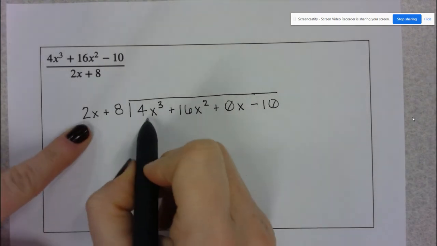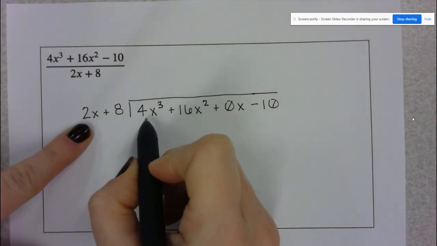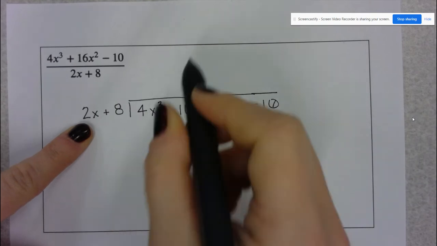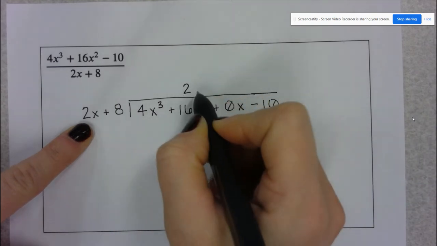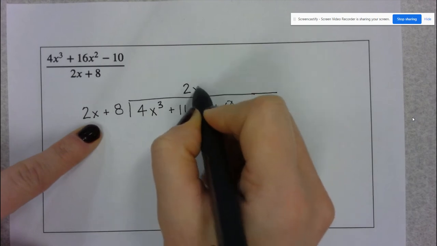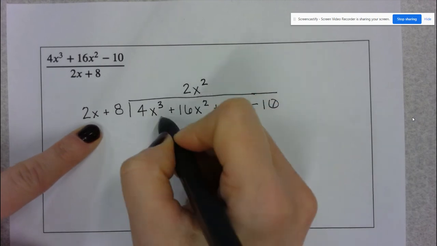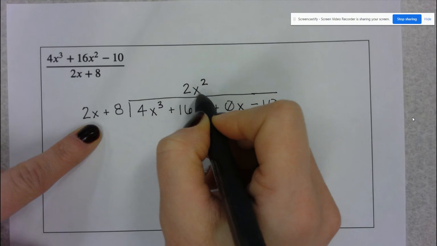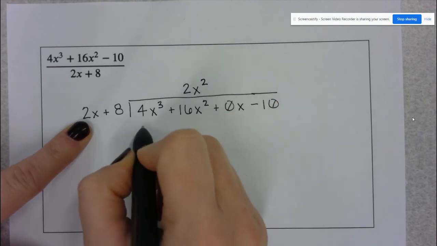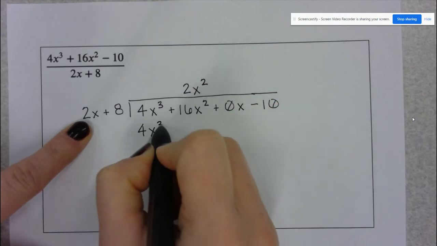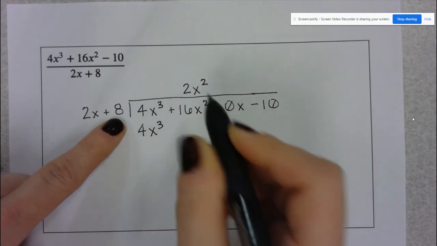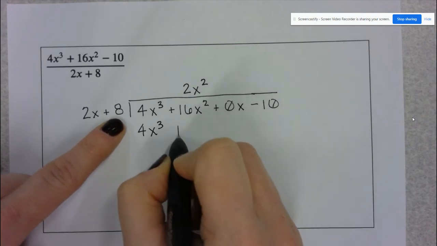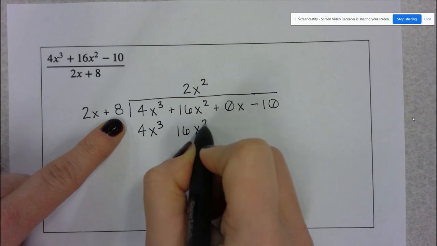So in order to get 4x cubed, I need to multiply by 2 in order to get 4, and then I need to multiply by x squared in order to get x cubed. So 2x squared times 2x is going to give me 4x cubed. 2x squared times 8 is going to give me 16x squared.